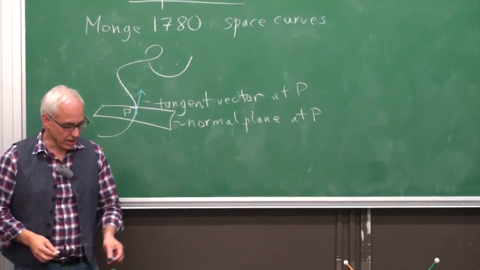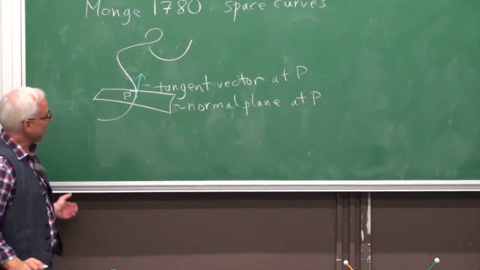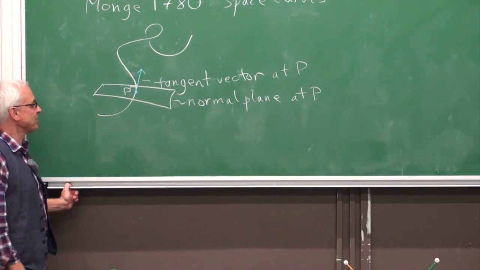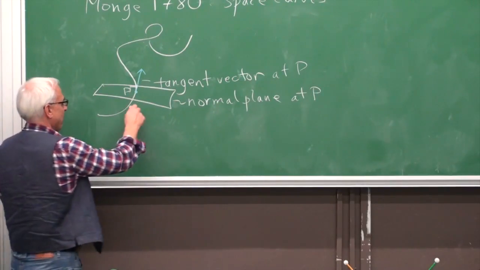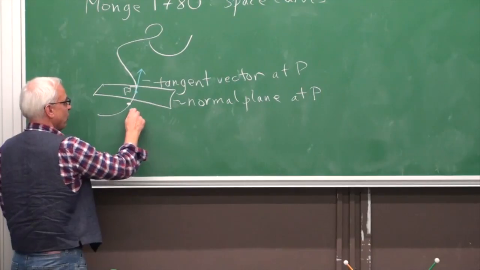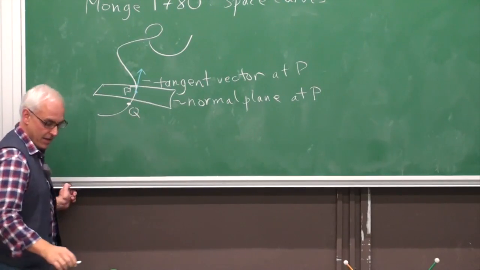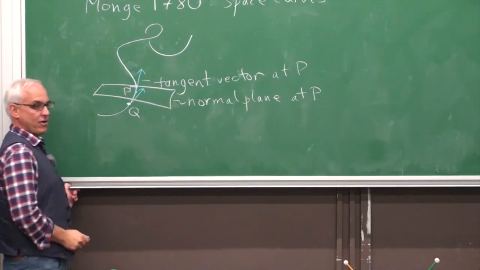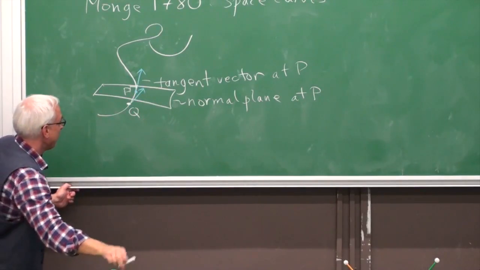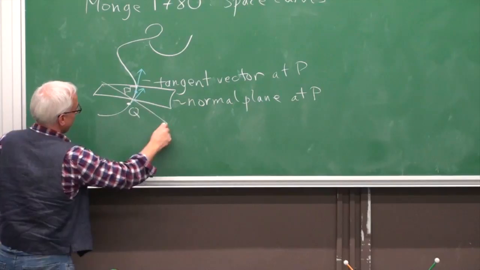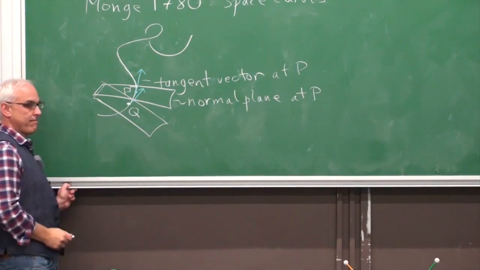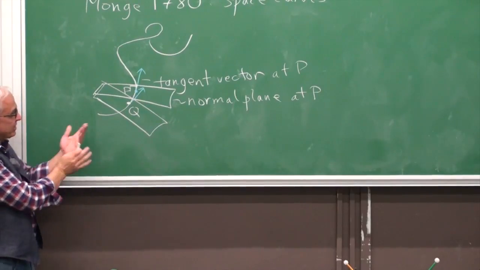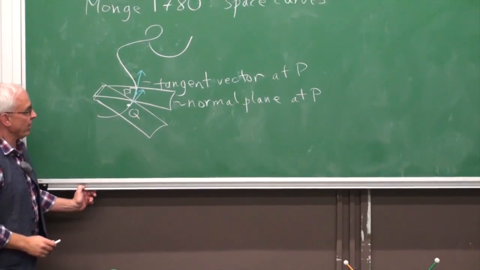And then what Monge realized is that if you consider adjacent or almost adjacent points, so for example maybe another point Q here, then of course there's also a tangent vector, and there's also a normal plane. And then he used these adjacent objects to define various things.